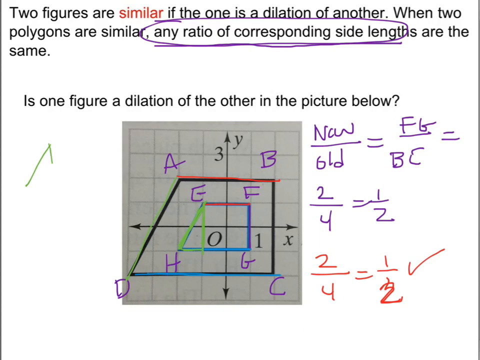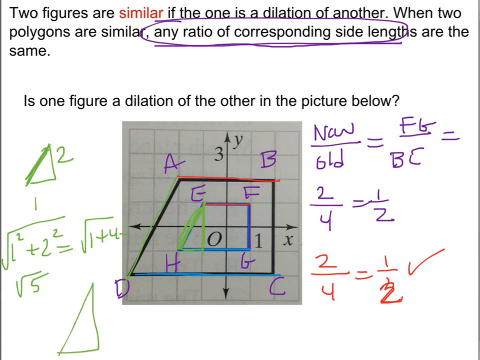If I have a right triangle with one unit there and 2 units there, then this would be 1 squared plus 2 squared, and it would be the square root of that. So it would be the square root of 1 plus 4, which is the square root of 5.